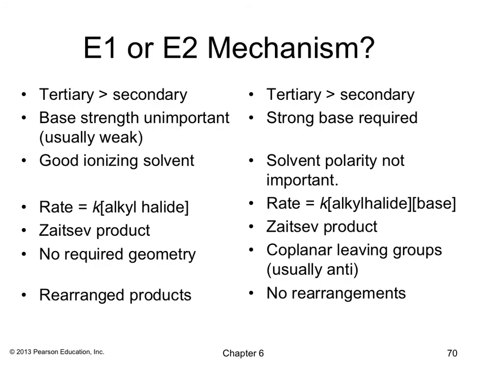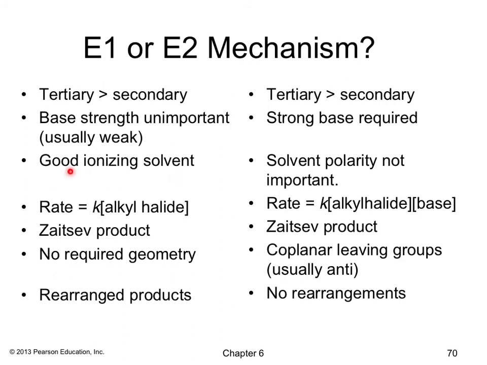So if we compare E1 and E2 mechanisms, both of them prefer the tertiary over the secondary. In E1 the base strength is unimportant, usually it's weak, while E2 requires a strong base.